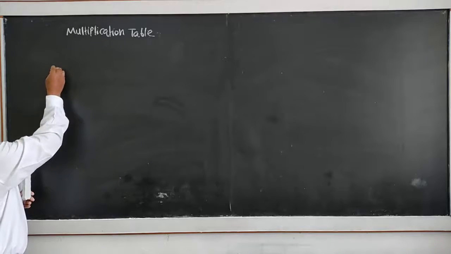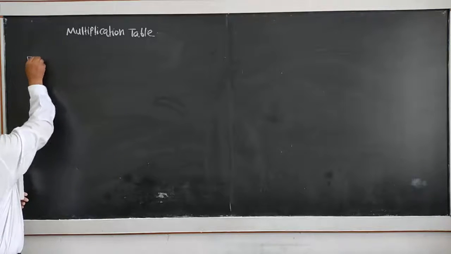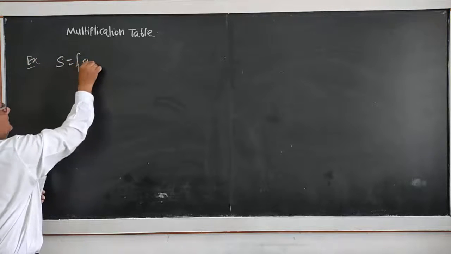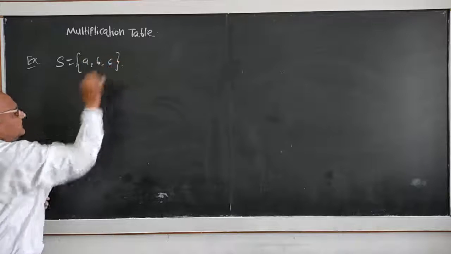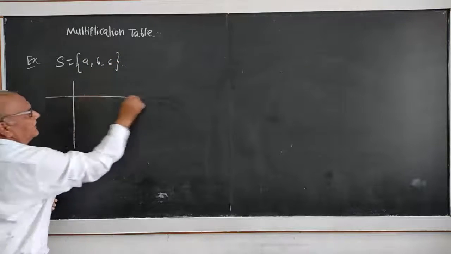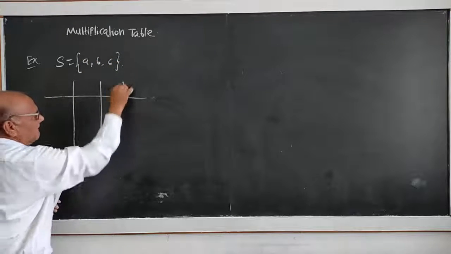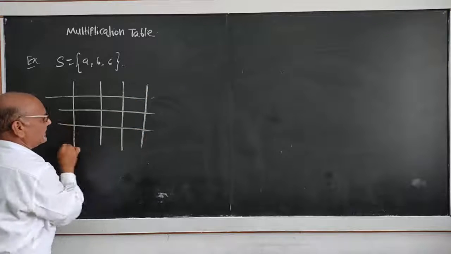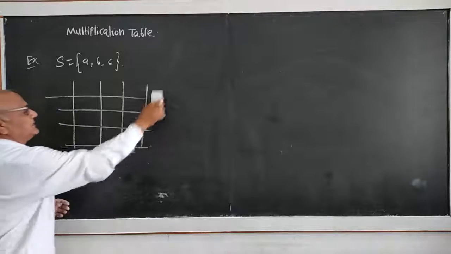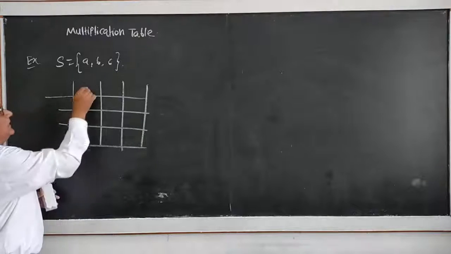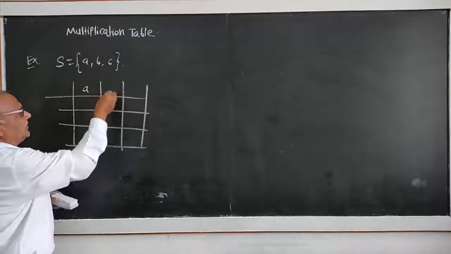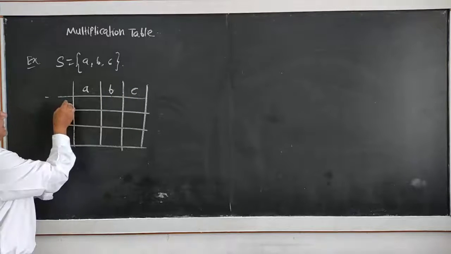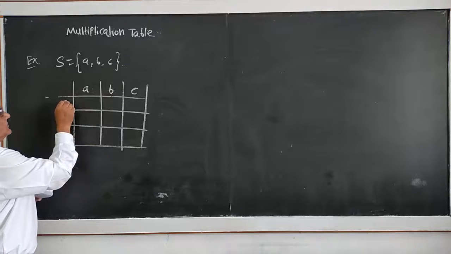For example, here S is equal to {A, B, C}. Then list the elements: A, B, C as the heads of the columns, and at the left A, B, C as the heads of the rows.